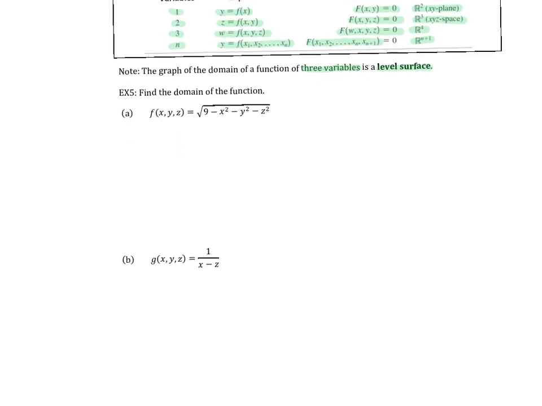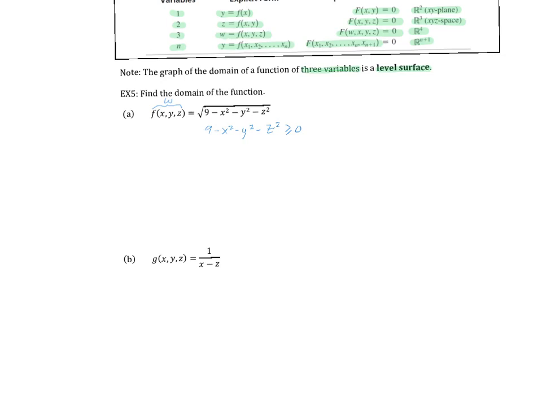So example 5a, this function f, that would be like my w value. And it's equal to the square root of 9 minus x squared minus y squared minus z squared. So it's a square root function. I know that whatever's under this square root has to be greater than or equal to 0. So I'm just going to take all of this and set it greater than or equal to 0. And this kind of reminds me of a sphere.